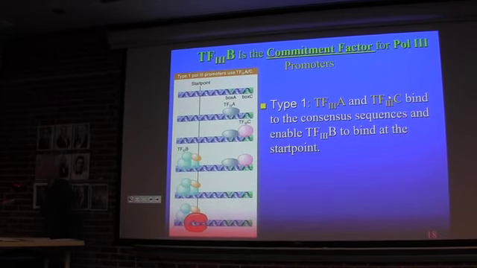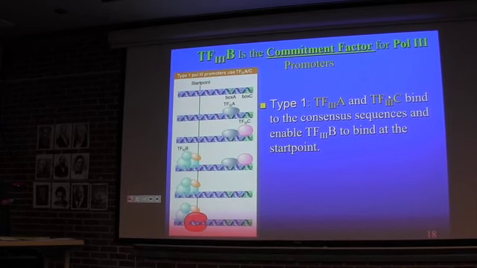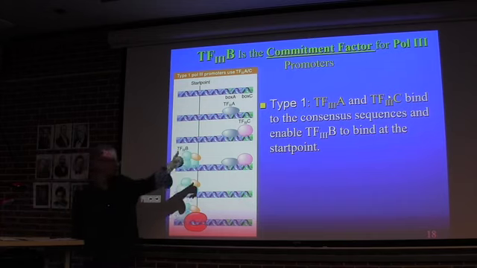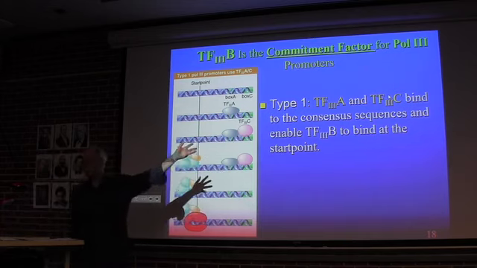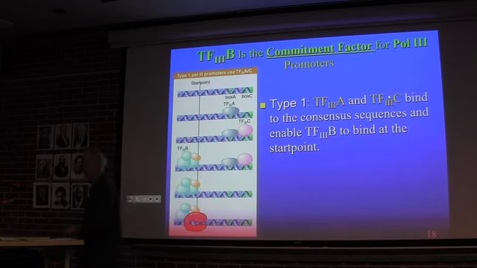Okay. What do we have here? We have these internal binding sites, and we have proteins that are called transcription factor 3A, transcription factor 3C, TF3C, TF3A.